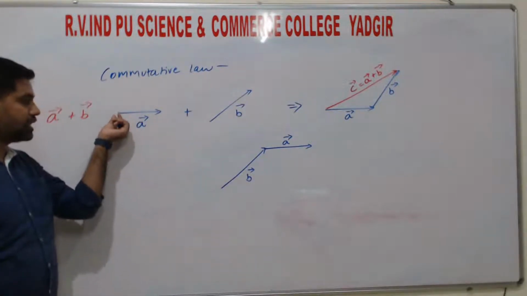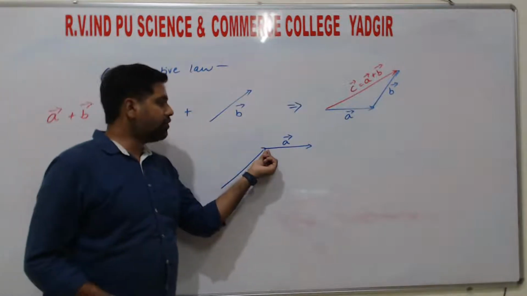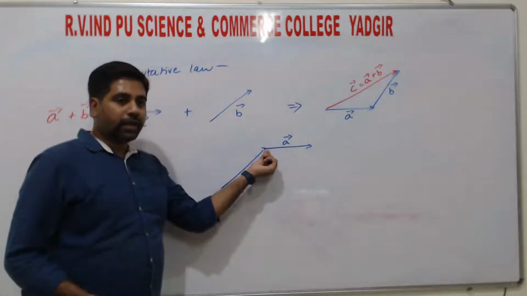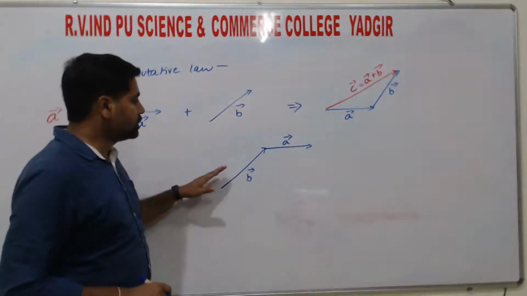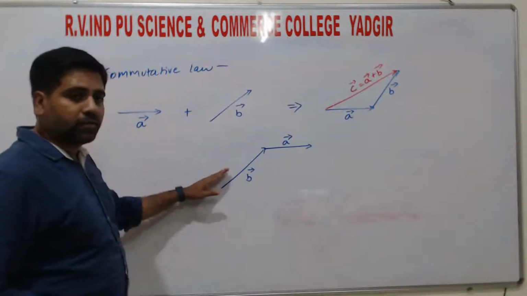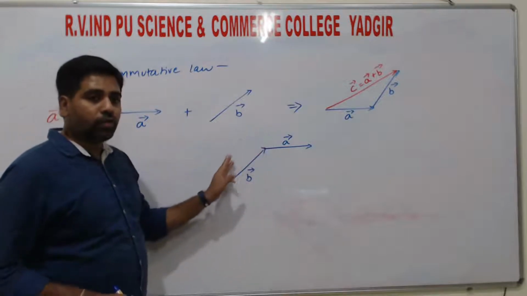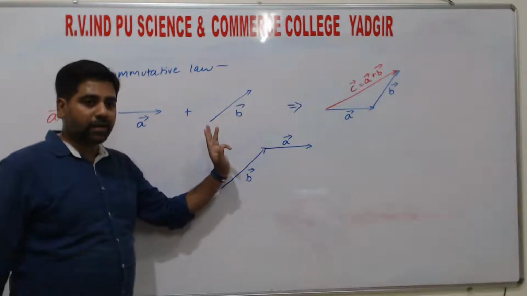This vector, that is the tail end of this vector, is added with the head end of this vector. By the triangle law of addition, these two give the two sides of the triangle.